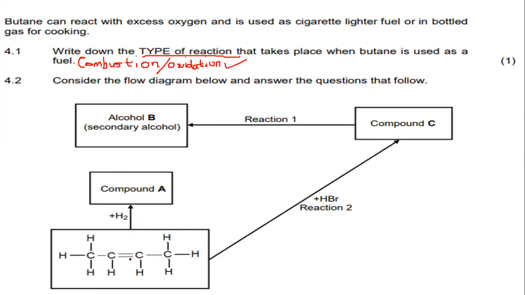In other words, the longest chain of carbon atoms that follow each other, that are bonded to each other without breaking. So I can see that I have 1, 2, 3, 4 carbons. So if I have 4 carbons already, it means my prefix is going to be but-.